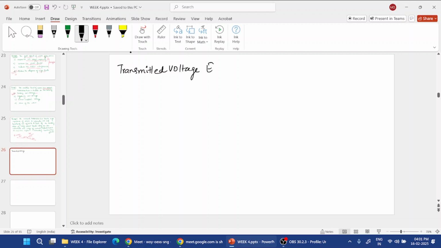Let's say this is ET, which is equal to, we already know, 2E divided by ZC plus Z1 Z2 divided by Z1 plus Z2, multiplied by Z1 Z2 upon Z1 plus Z2. Because it's a direct formula, I hope you know that.